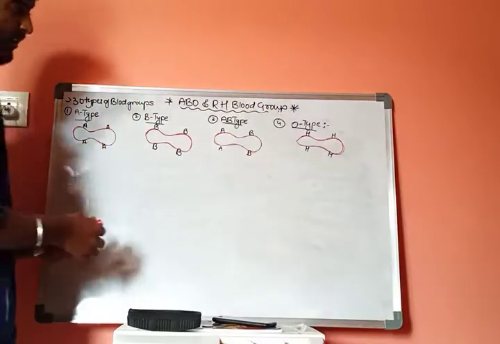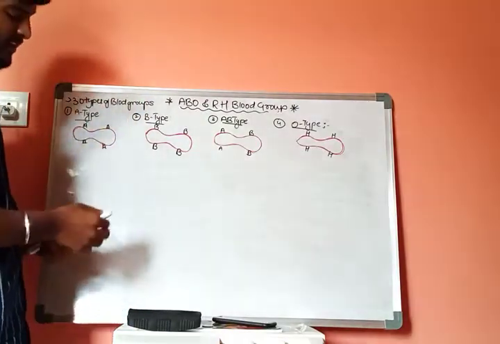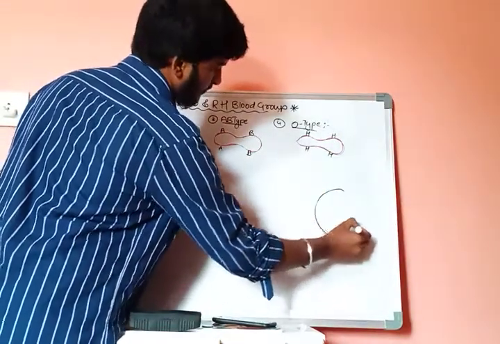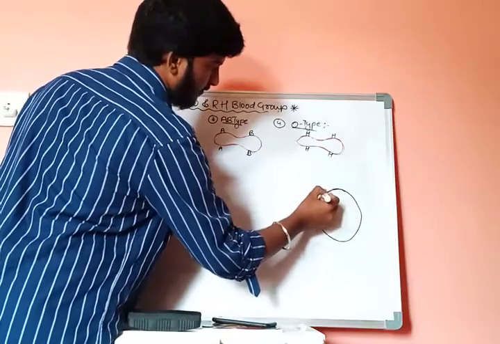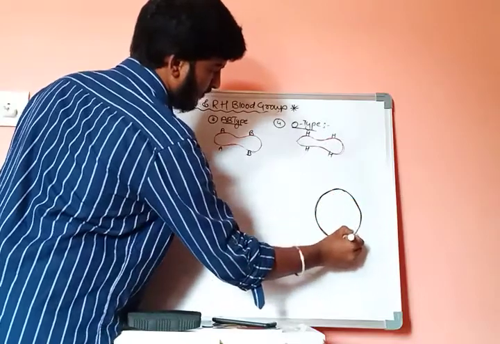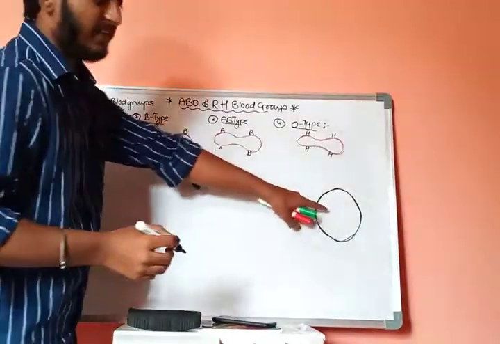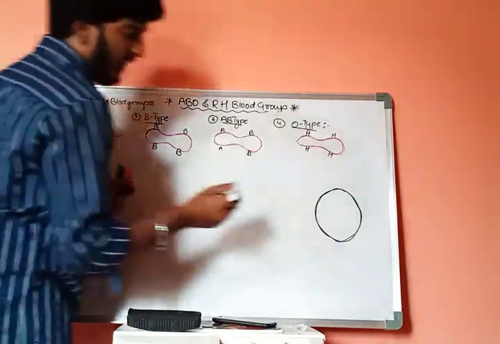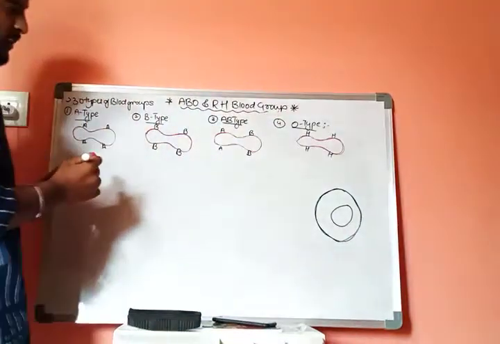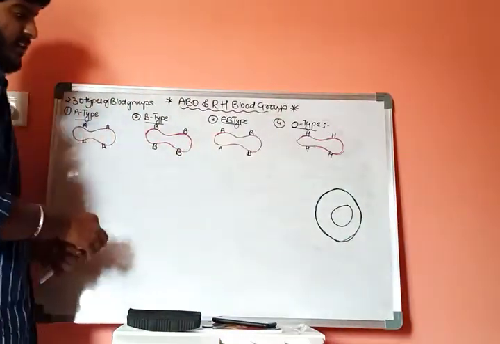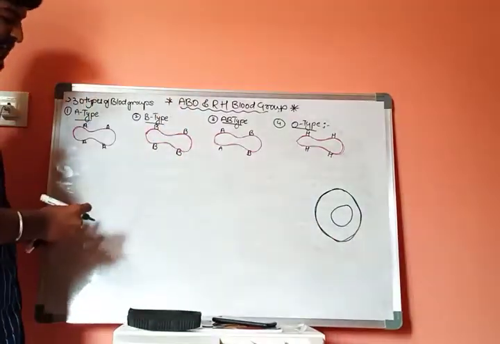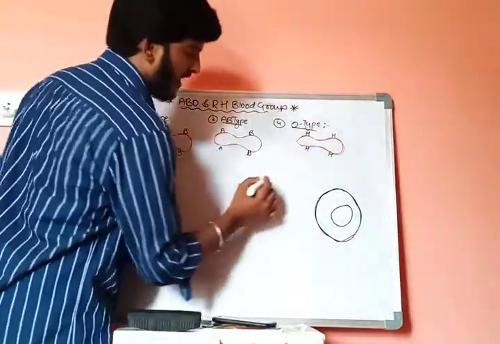Now let us consider a predominant cell of RBC, that is erythroblast, which contains a nucleus. And the surface of the RBC consists of special structures, that are oligosaccharides.